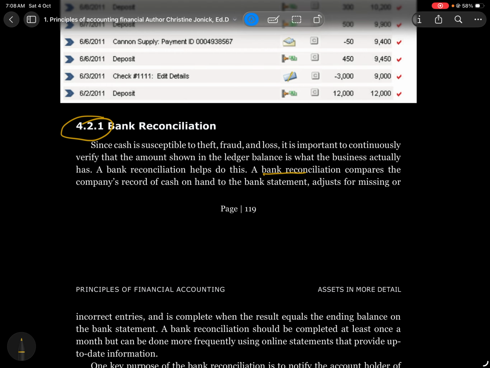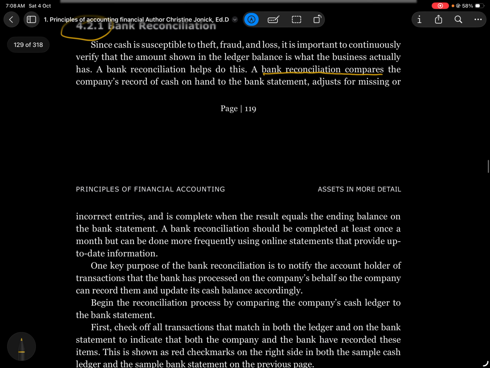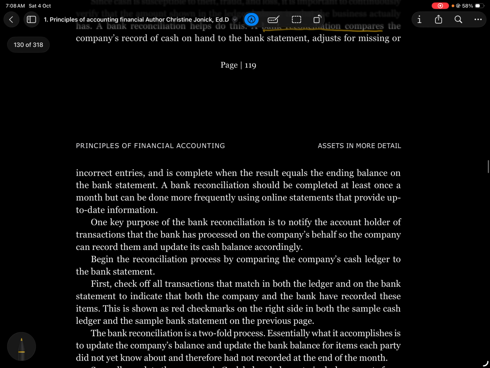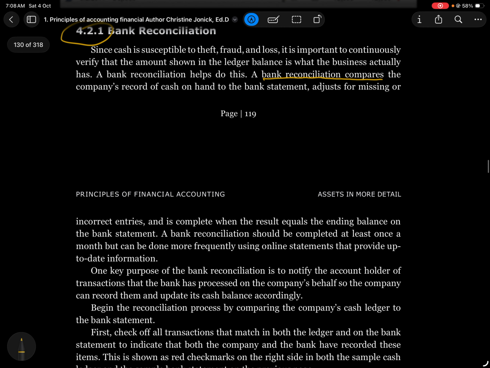So bank reconciliation is basically reconciling your books versus the bank. Sometimes the bank charges $20, but we don't know in our books, right?